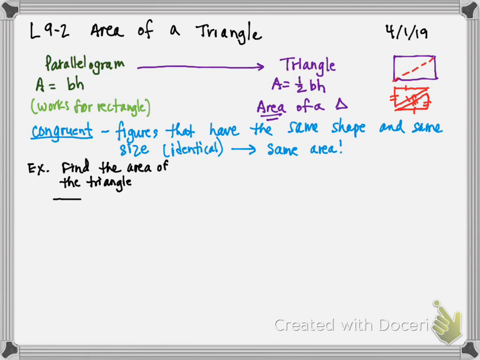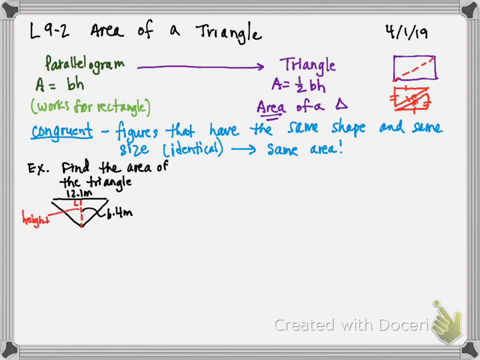So let's draw a little figure, and let's draw in our height. And we're going to label. This guy is 12.1 meters at top. This guy is going to be 6.4 meters. And remember, when you have a line that's perpendicular to the base, he's called the height.